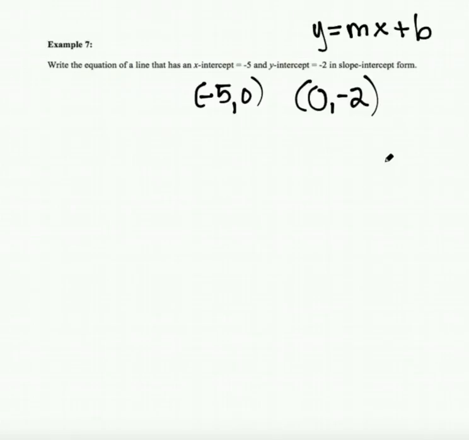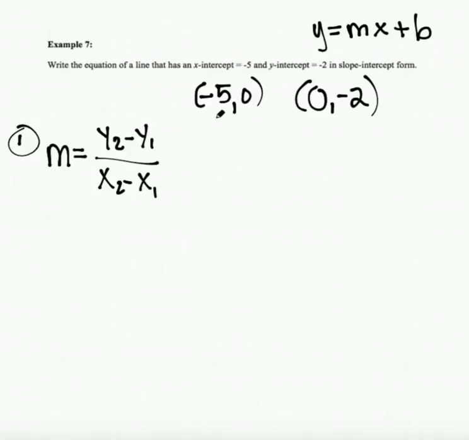Okay? So if you go back, I believe it was example 4, when we were writing the equation of a line given 2 points, this is very similar, but we have a little shortcut. Okay? So let's refer back to our steps. Step 1 was to find the slope. Okay? So slope is equal to y2 minus y1 over x2 minus x1. Let's go ahead and label our points.